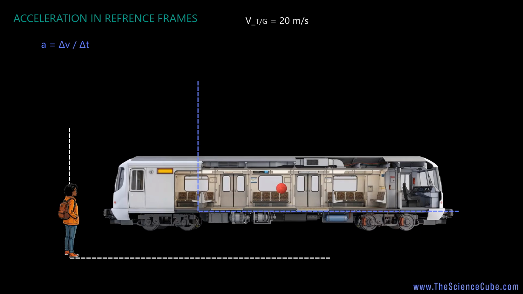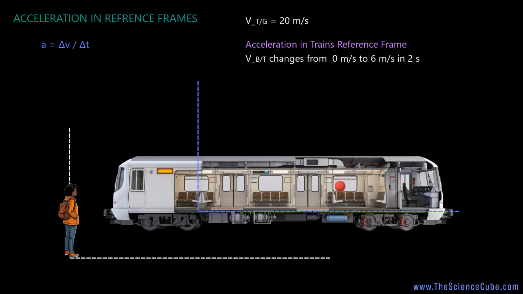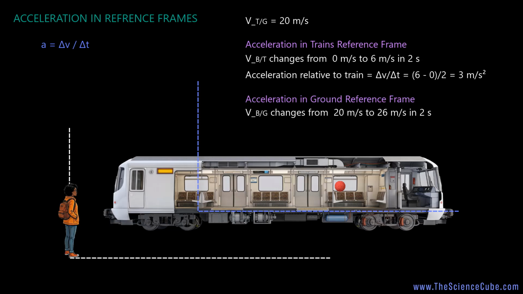Here's why. Say the ball on the train starts at rest and reaches 6 meters per second relative to the train in 2 seconds. Acceleration relative to train equals delta V over delta T equals 6 over 2 equals 3 meters per second squared. Now from the ground frame, the ball started at 20 meters per second, just the train's velocity, and ended at 26 meters per second, train velocity plus final ball velocity.